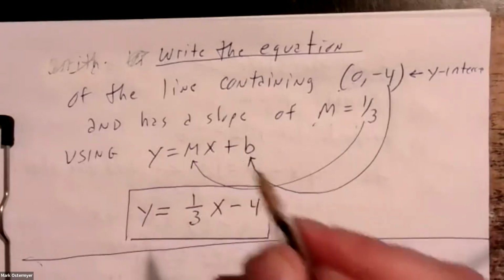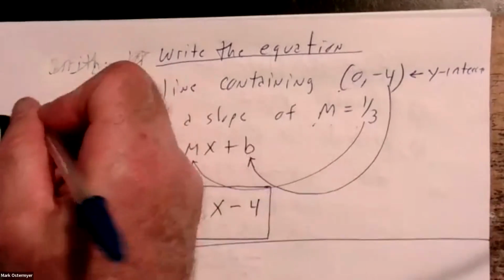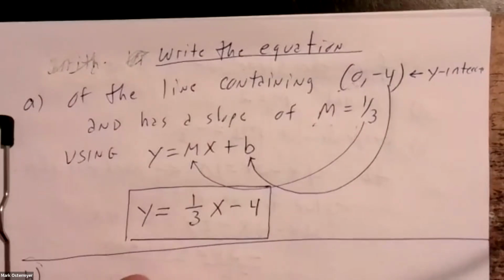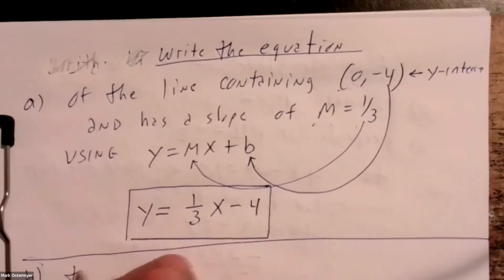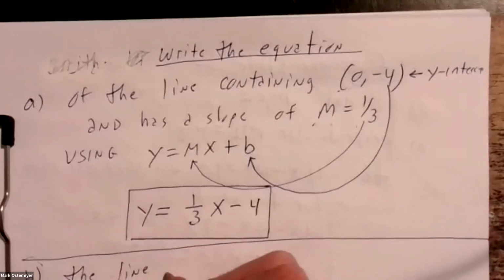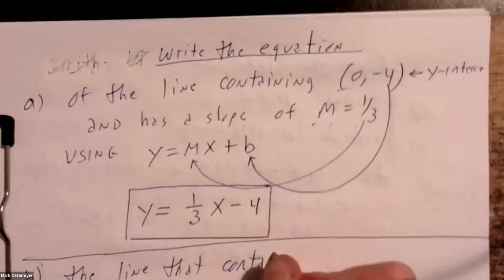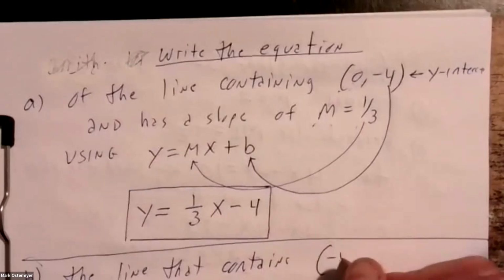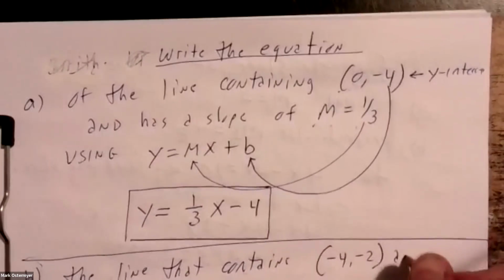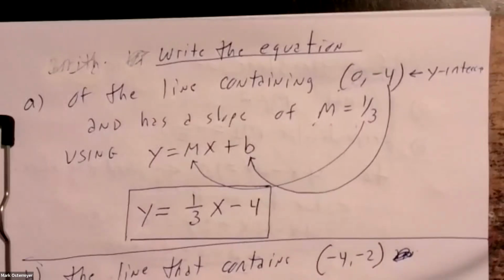All right, so we'll call this question A, and B then is asking us, can we write the equation of the line that contains this point (-4, -2), and they're also going to tell us the slope of this line is going to be 3/2.